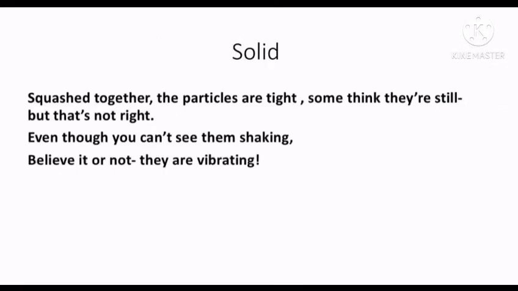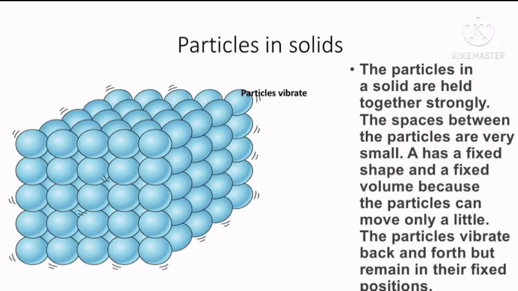First thing, solids. Squashed together, the particles are tight. Something they are still, but that's not right. Even though you can't see them shaking, believe it or not, they are vibrating. Particles in solids. The particles in a solid are held together strongly.